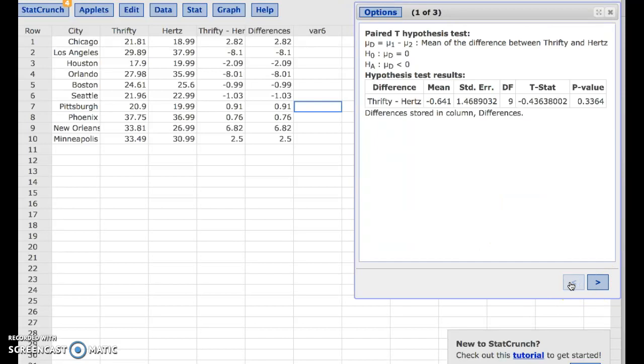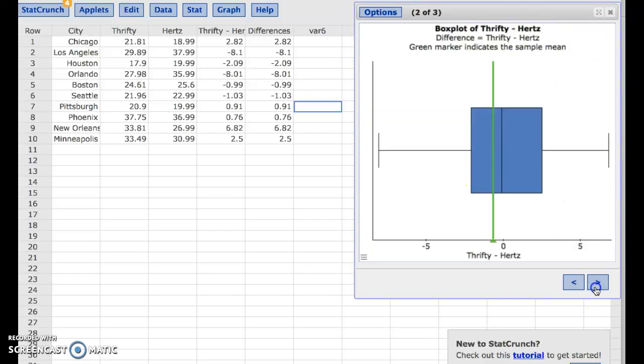So one reason I like to do it the other way first is to get a sense of these differences. Really seeing not too many negative values helped me understand that Thrifty was not that much cheaper for most of the places. Then the other reason is sometimes when you do the option with your graphs embedded, you forget to look at them.